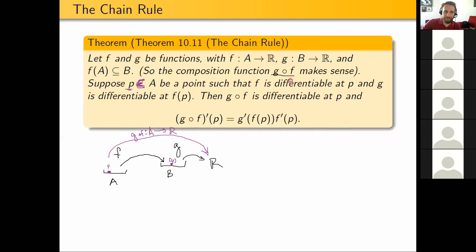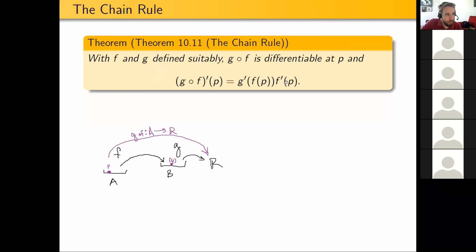Cool. Okay, so we're going to spend a chunk of time for the rest of class trying to prove the chain rule. First, I'm going to write it in a simpler notation. So I'm just going to say, with F and G defined suitably, and suitably, of course, is a loaded word.